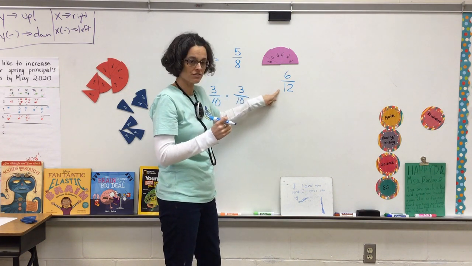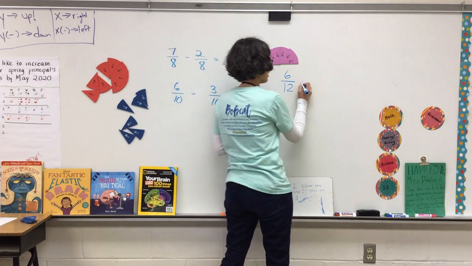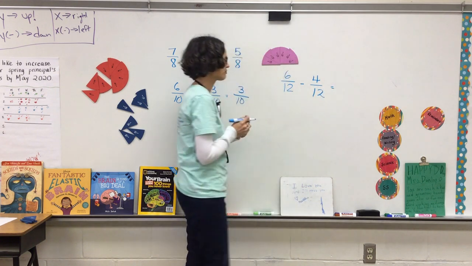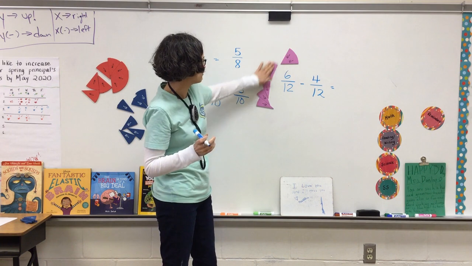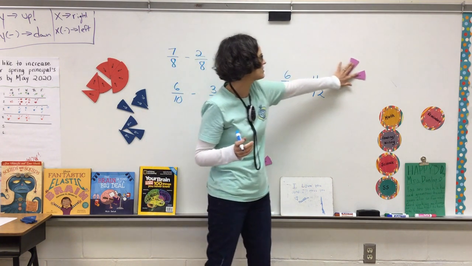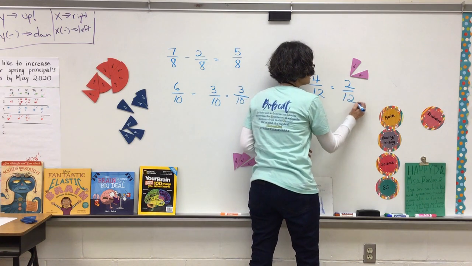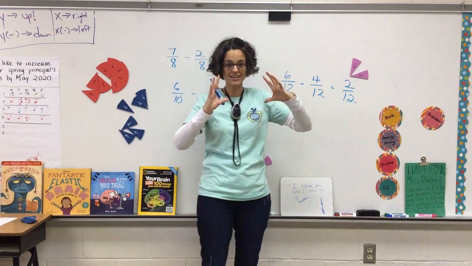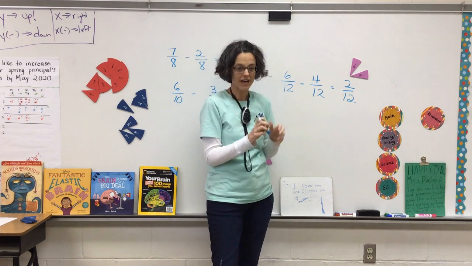So 6/12, half of that, that's equal to a half. But here's what I want you to do. I'm going to take away 4/12. 1, 2, 3, 4. I took away 4/12. How many do I have left? Just 2. 2/12 is what I have left. Same denominator because it started as a circle with 12 parts. That didn't change. I have 2 left.